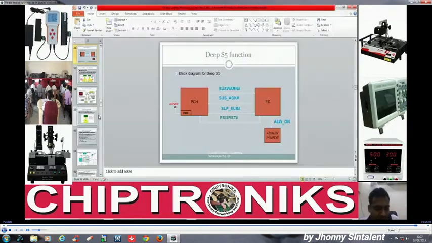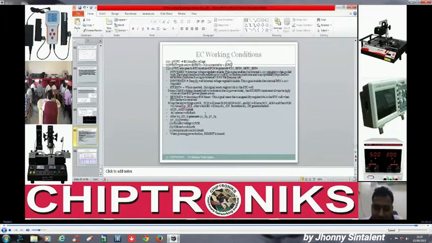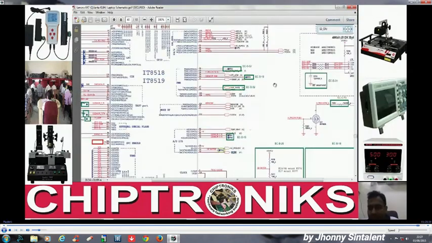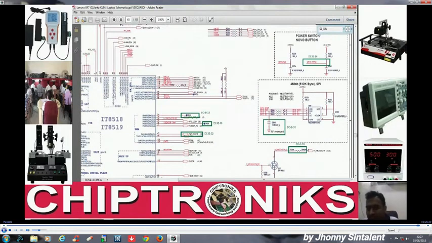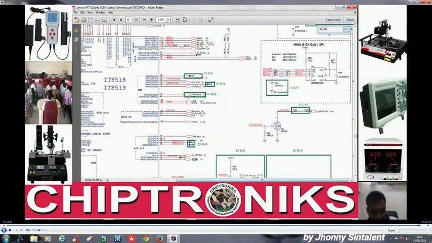So the crux of all this discussion till now is to develop the EC working condition. And what is the EC working condition? It is the EC standby voltage, that is supply, reset, clock, then AC in, AD in, and the BIOS and EC communication, which we can see by using an oscilloscope probe to touch these two pins and see the waveforms.